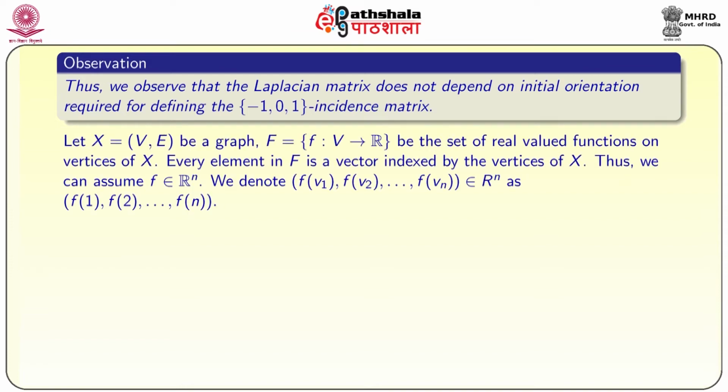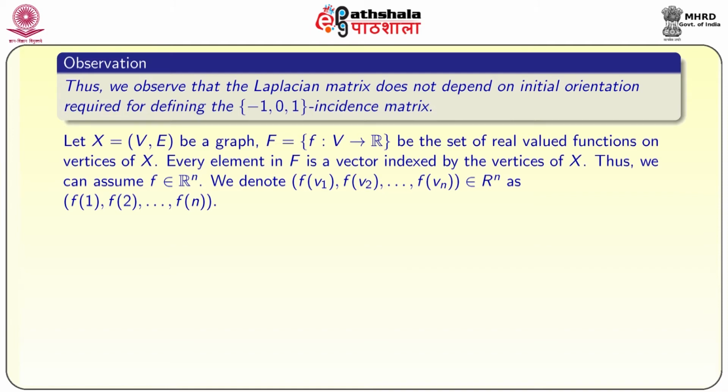Let X equal to (V, E) be a graph, and we define capital F equal to the set of all real valued functions f from the vertex set to R on the vertices of X. Every element in F is a vector indexed by the vertices of X. Thus, we can assume f belongs to R power n.